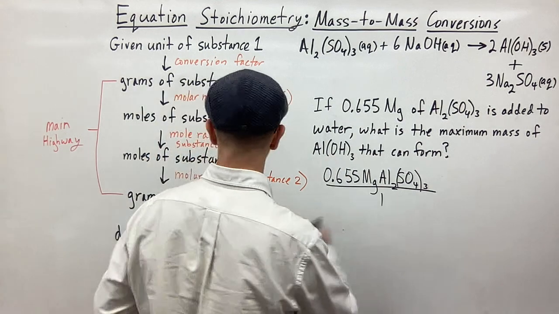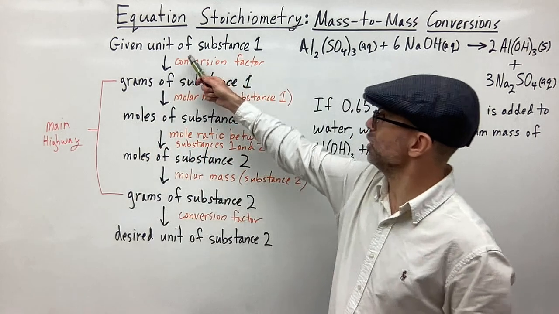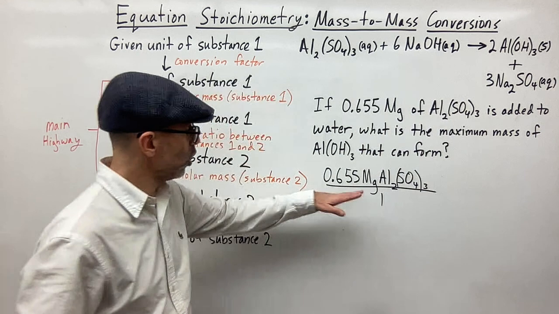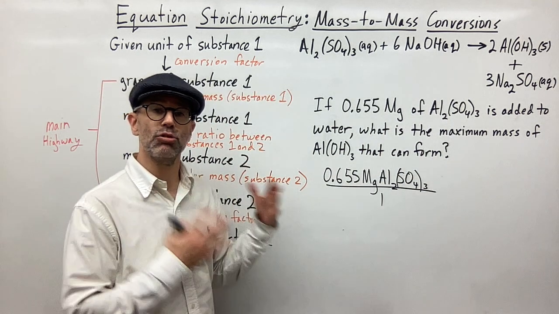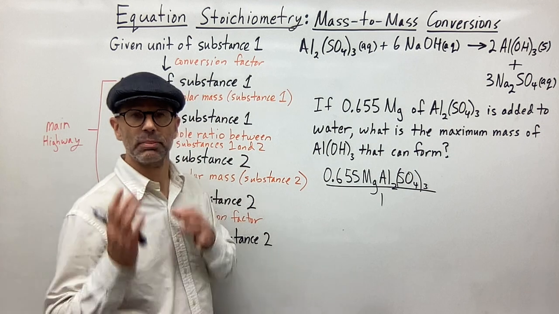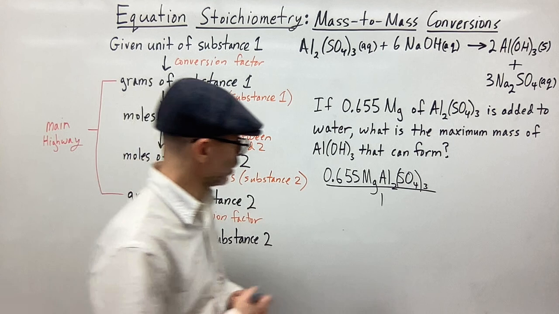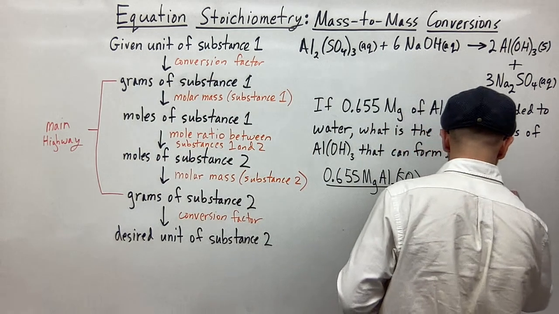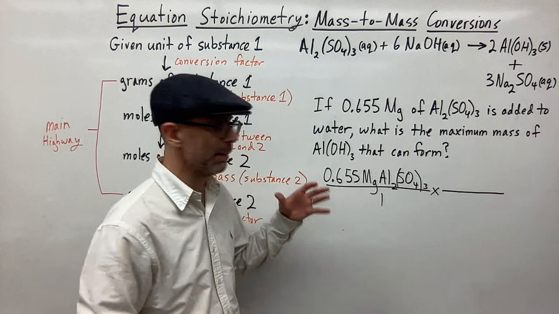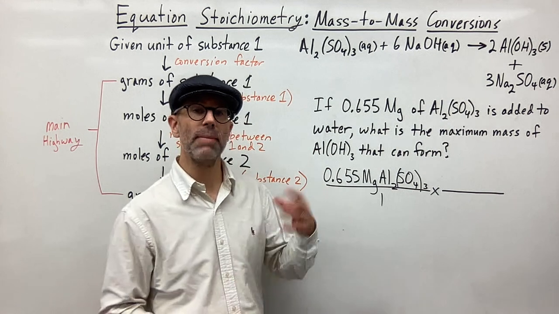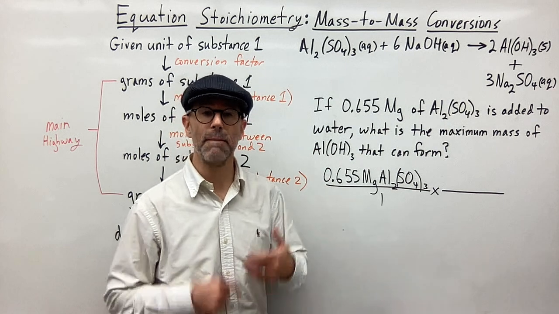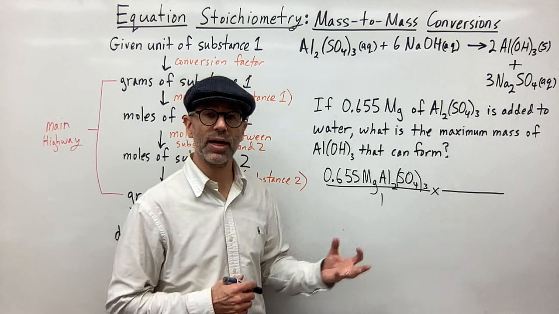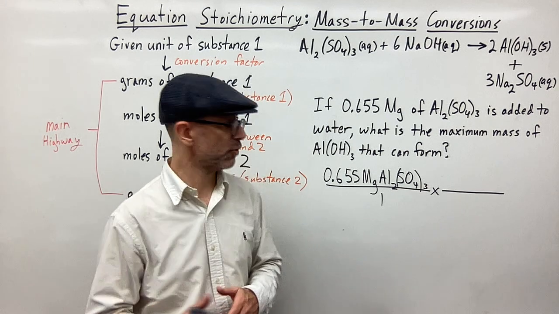Okay, so now roadmap. They gave me a unit, it's megagrams. So I need to get to grams, so I'm going to have to use the metric conversion between megagrams and grams. What's the relationship? Mega means 10 to the 6, a million. So 1 megagram is equal to 1,000,000 grams.